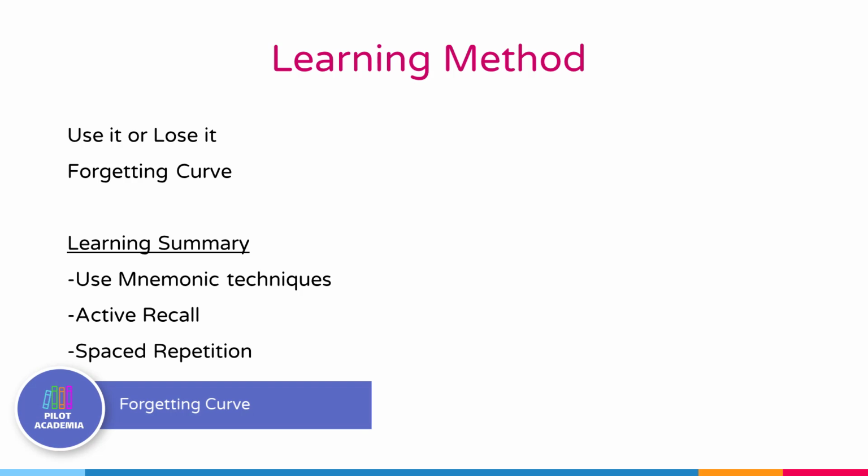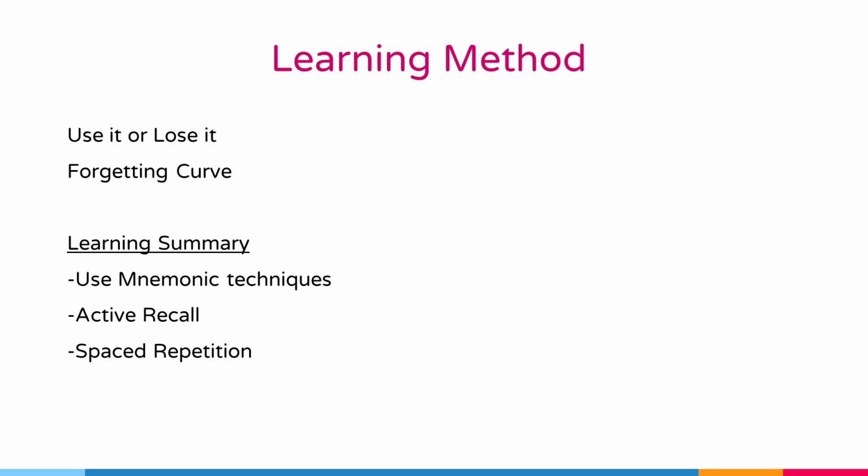And now let's talk a little bit about the forgetting curve. As we explained, new material that has been learned is forgotten as time goes by if we don't actively review it. This can be best explained by a forgetting curve. The forgetting curve hypothesizes the decline of memory retention in time.